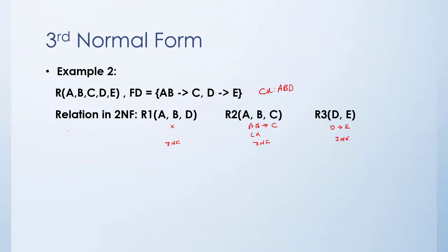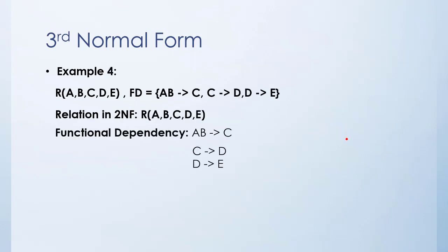Now in the third example, we have discussed that R is a relation with 5 attributes A, B, C, D and E, where the functional dependencies are given by AB determines C, C determines D and D determines E, where the candidate key was AB and the prime attributes obviously will be A and B, and the non-prime attributes will be C, D and E. And we have proved that it was in 2NF.